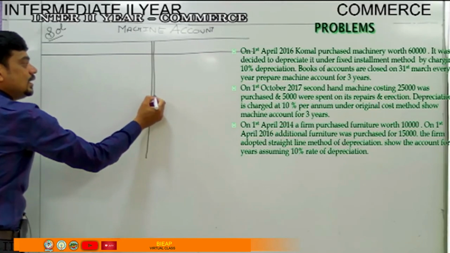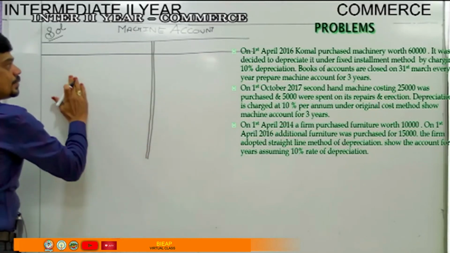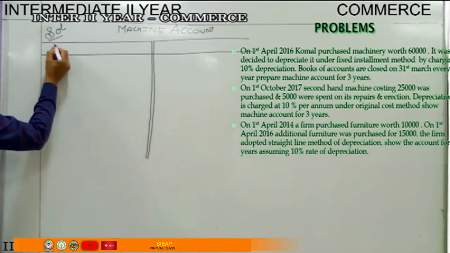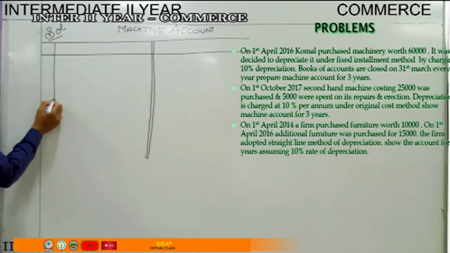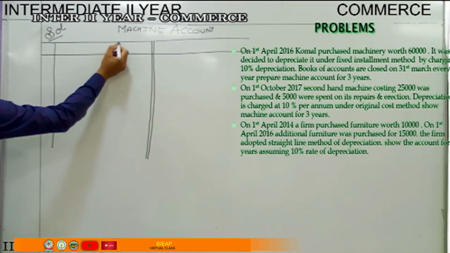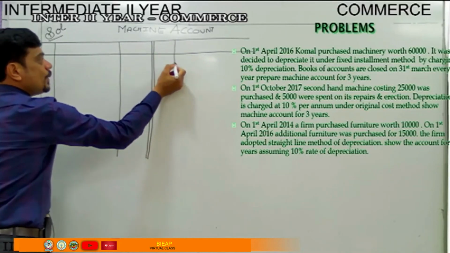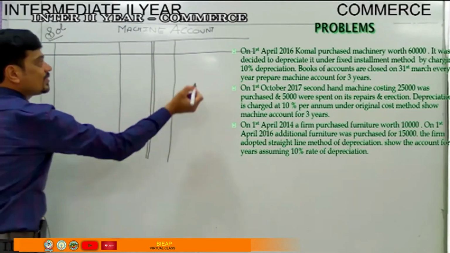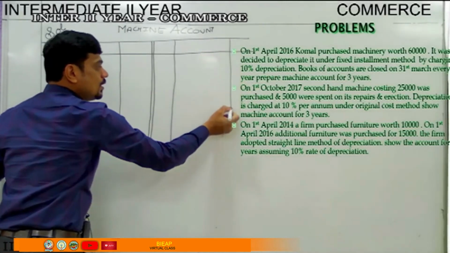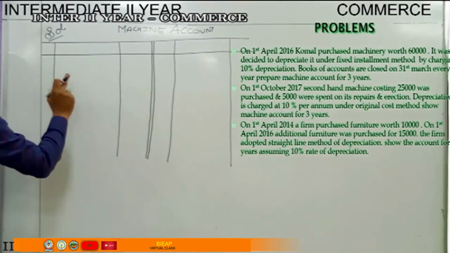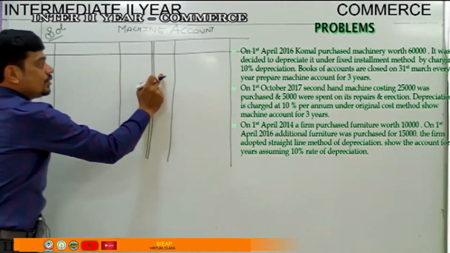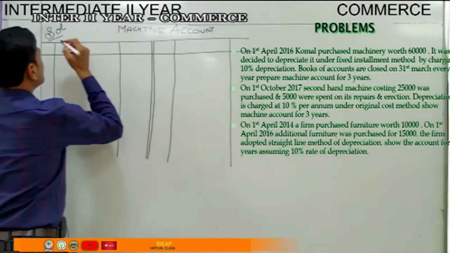Give a thick line so that there are debit side and credit side. Now give the columns. Date column, particulars column, amount column. Always use pencil. Don't draw the account with pen, and use a proper scale. Date, particulars, amount.